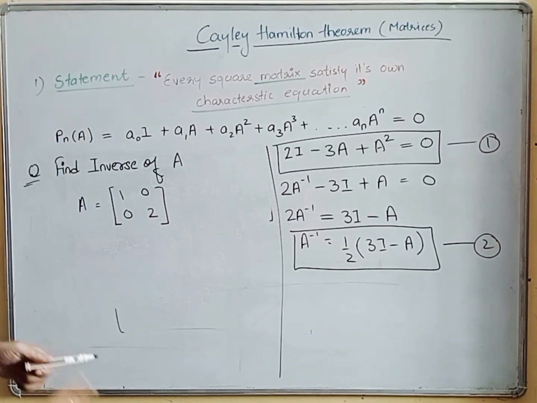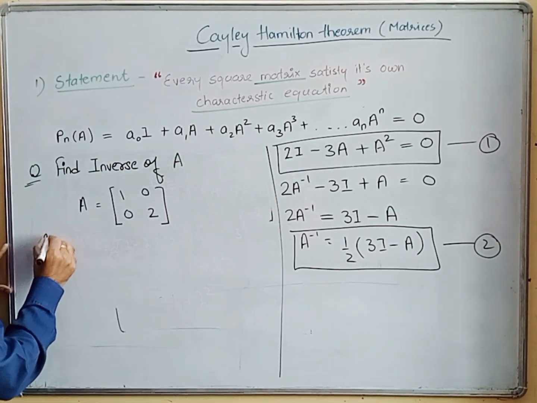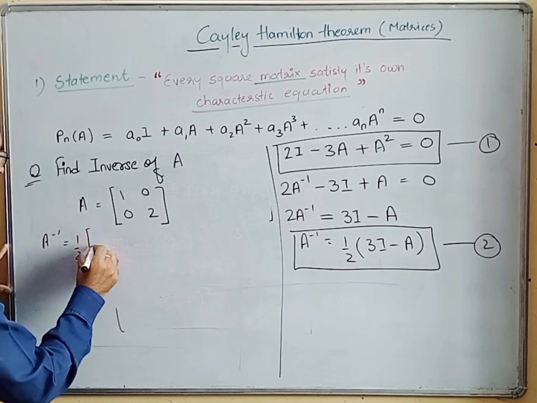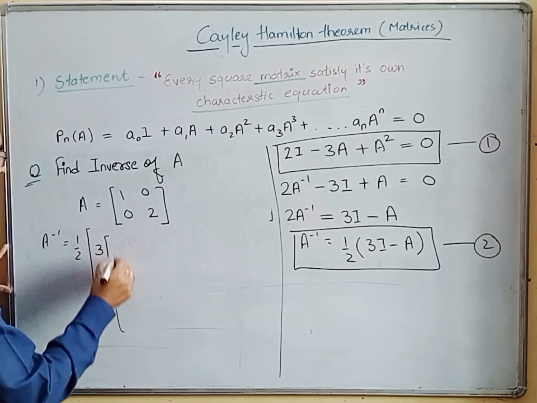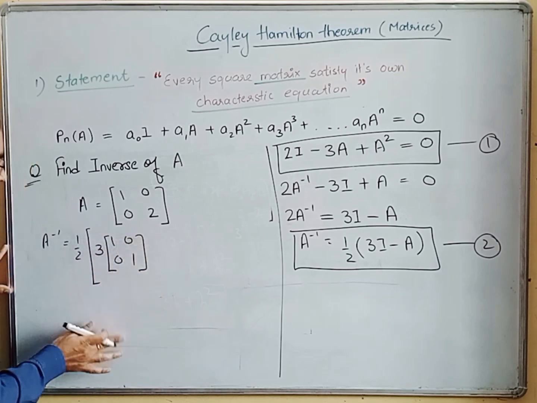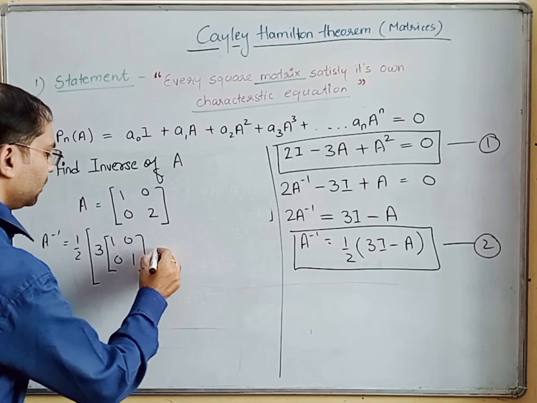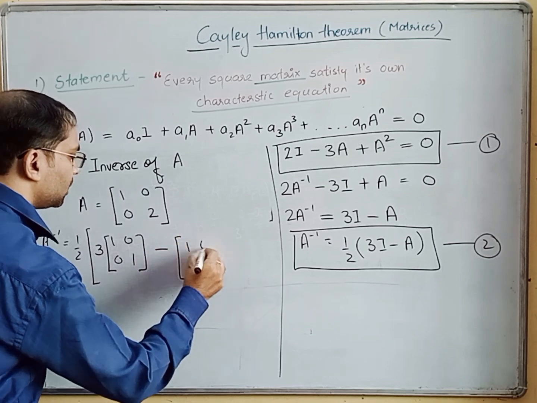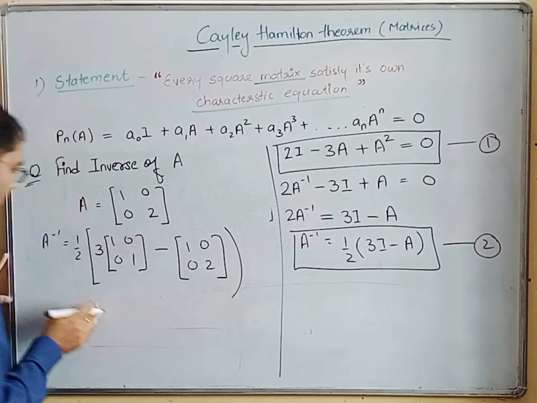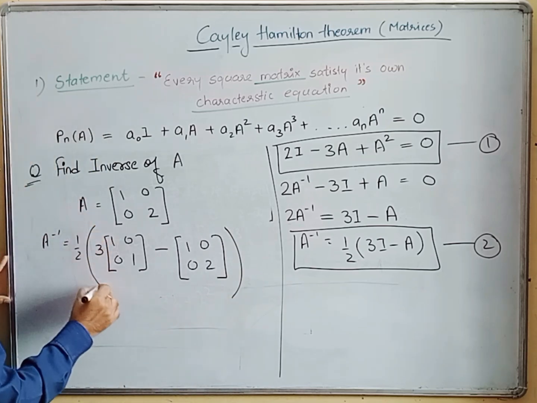So here we can see that A inverse is equal to 1 upon 2 inside the brackets. This is 3 times I. What is I? 1 0 0 1, and then we have minus A. So A is 1 0 0 2, and this is 1 by 2 outside.